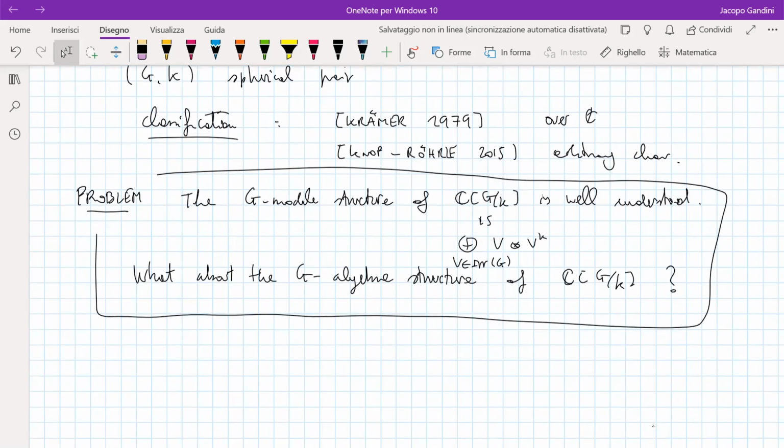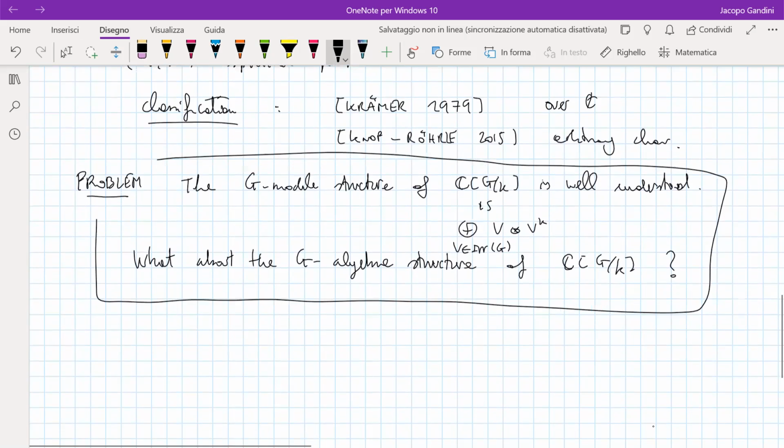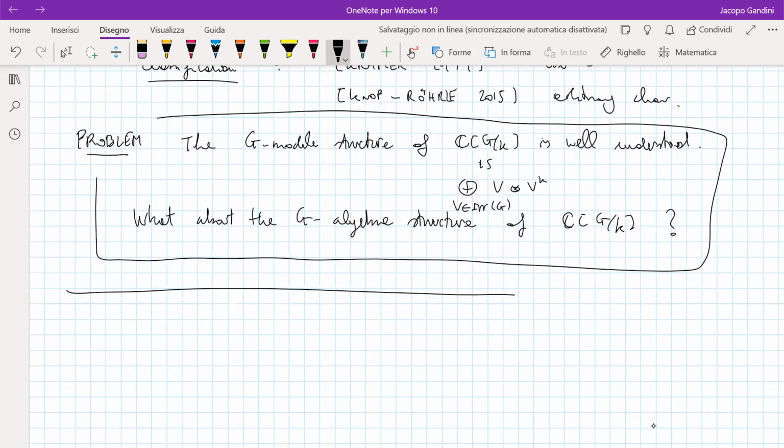Okay, so by what I said, there is a lot of combinatorics which allows us to control these modules, this coordinate ring, at least from the point of view of its G-module structure. So to be more precise, let me fix some standard notation. So we fix, as usual, a Borel subgroup.